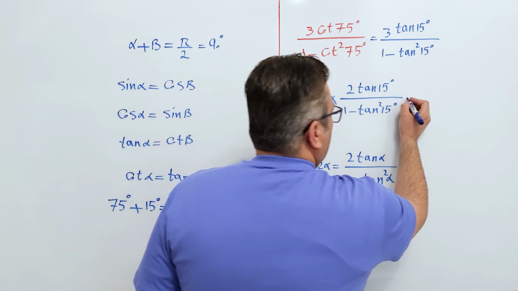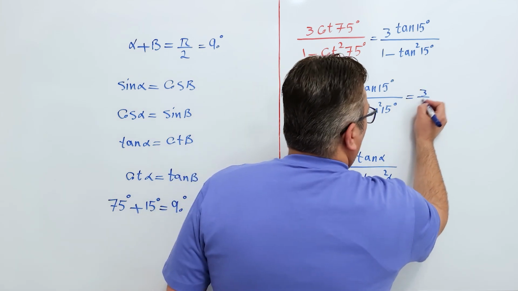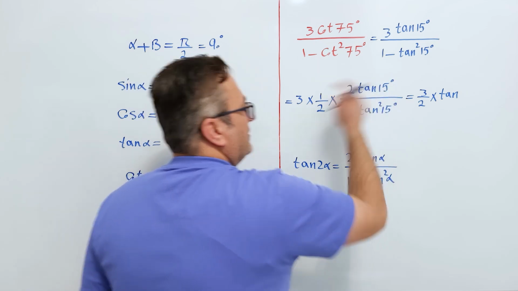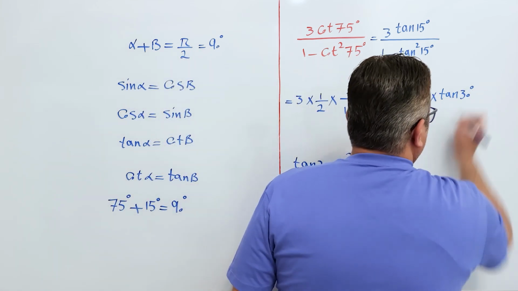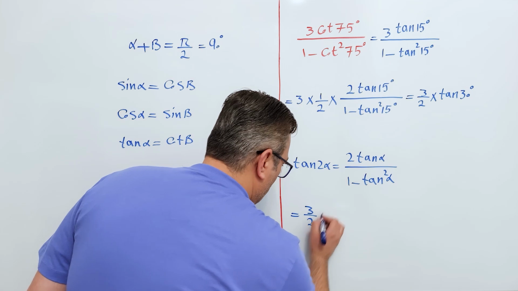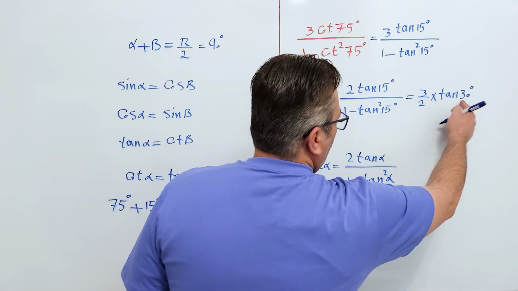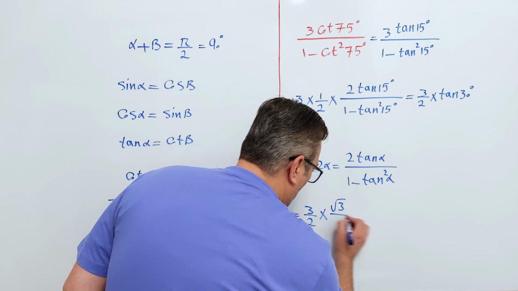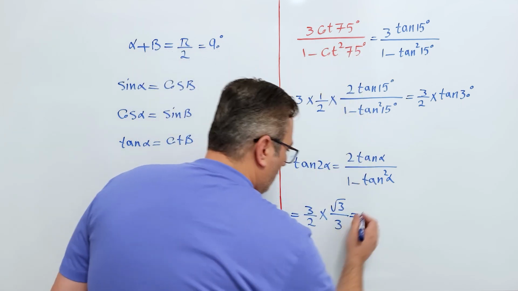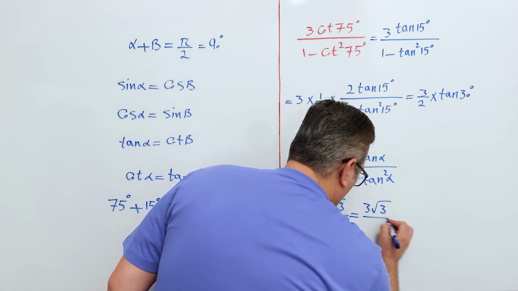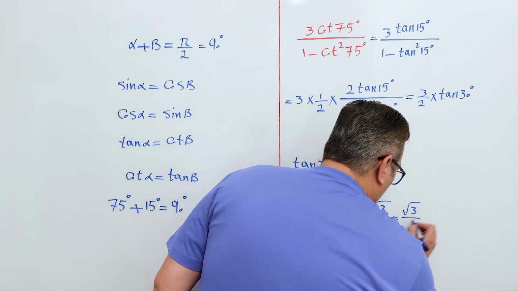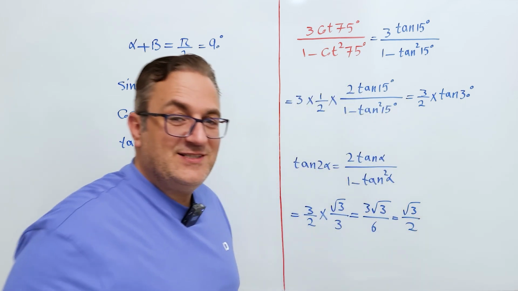So this fraction is equal to 3 over 2 times tangent of 2 times 15 degrees, which is 30 degrees. Okay? So this fraction is equal to 3 over 2 times tangent of 30 degrees, which is the square root of 3 over 3. So finally this fraction is equal to 3 times the square root of 3 over 6, or the square root of 3 over 2. Okay? This is a good question.